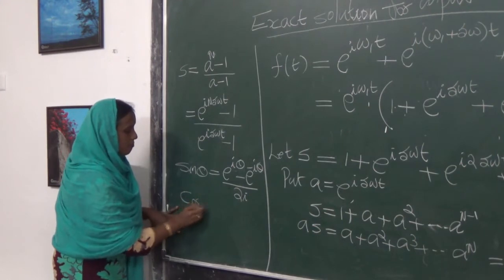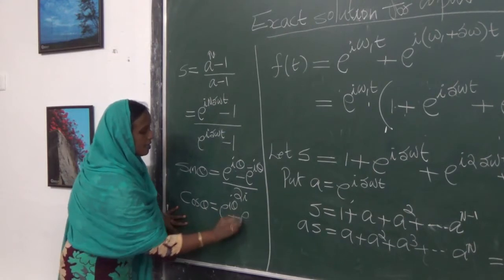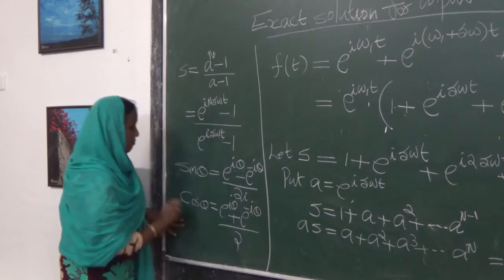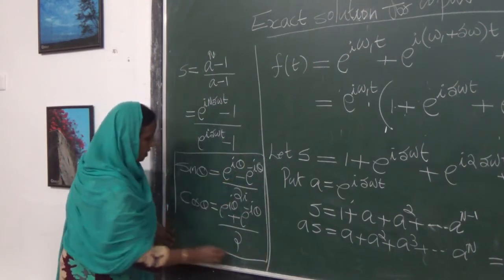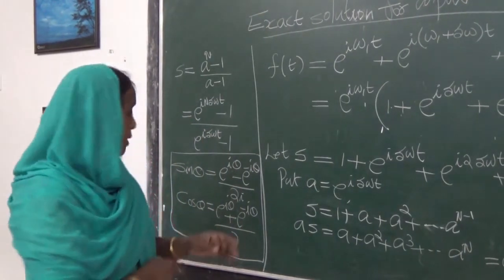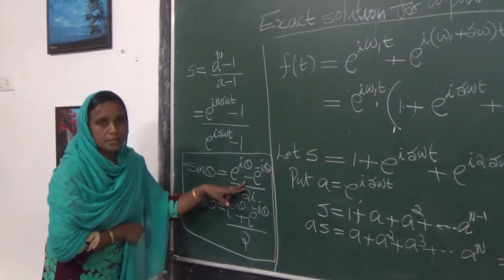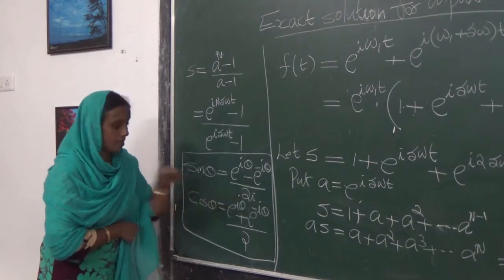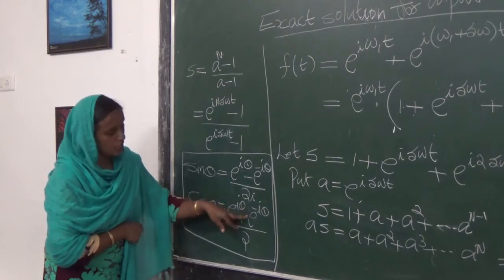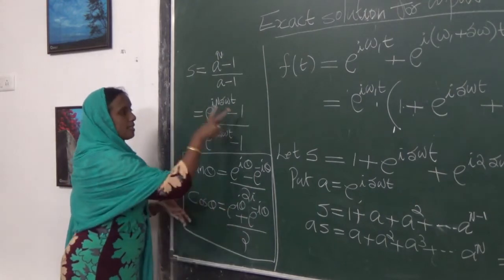For cos theta, e raised to i theta plus e raised to minus i theta divided by 2. These are the two relations in trigonometry. So using the Euler formula, you can prove these expressions. We can use these expressions here.